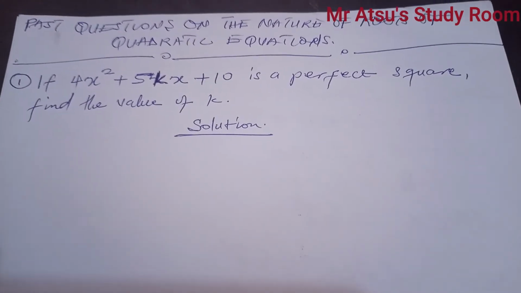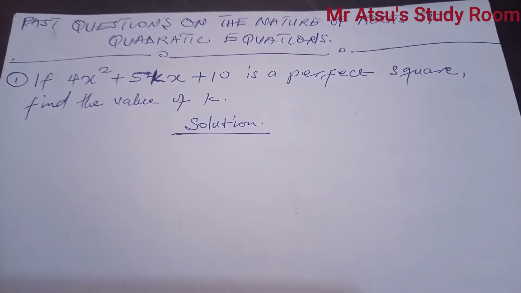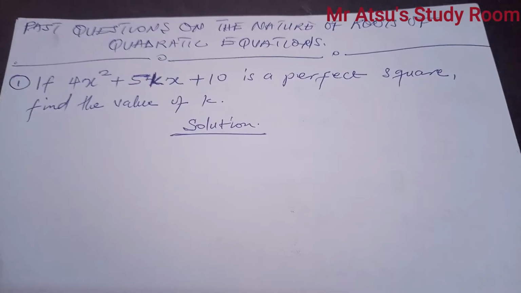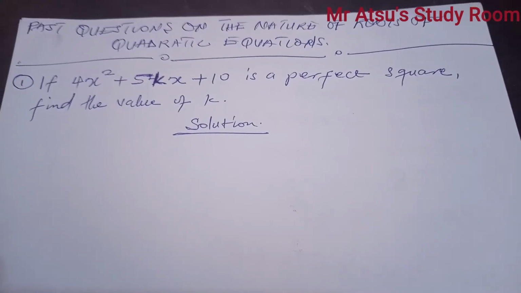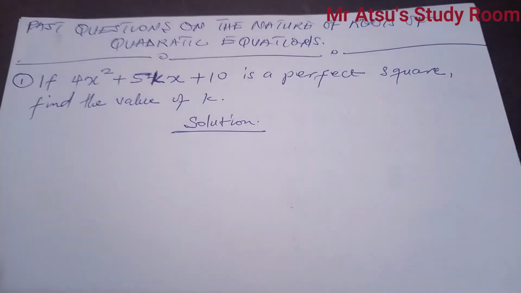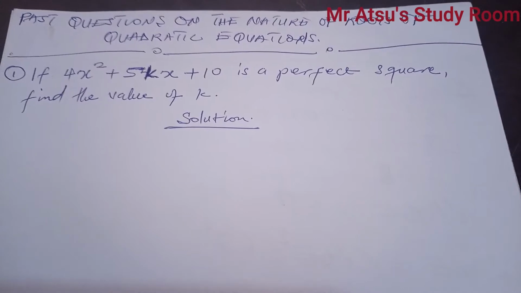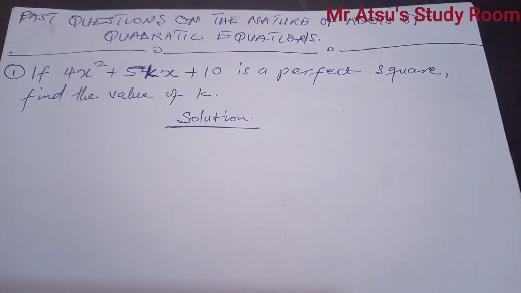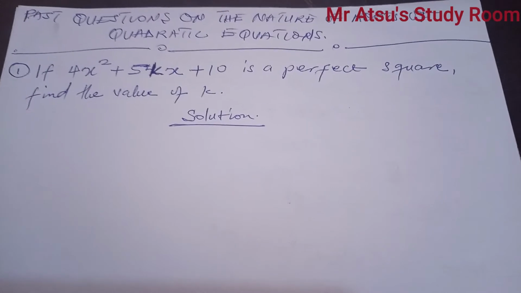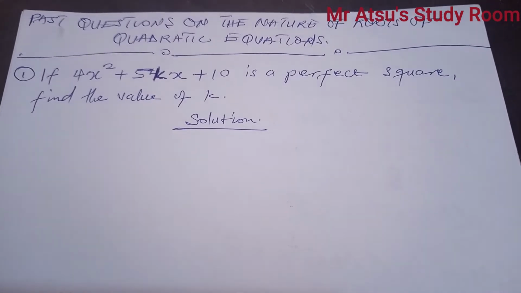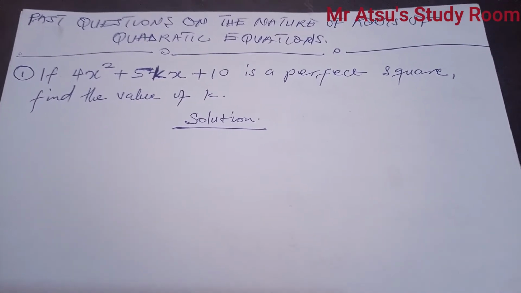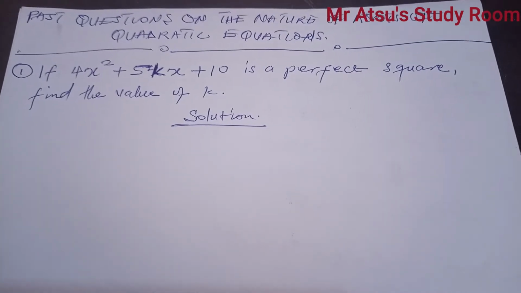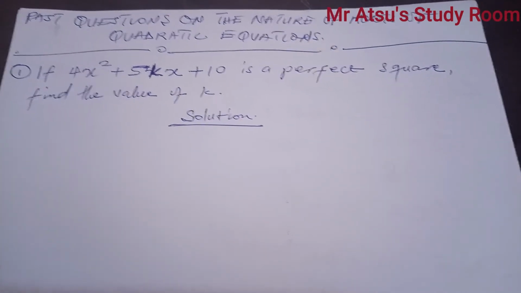Question 1 says, if 4x squared plus 5kx plus 10 is a perfect square, find the value of k. What we need to understand is what a perfect square means. A perfect square is the result we get when we square a number, or when a number multiplies itself.